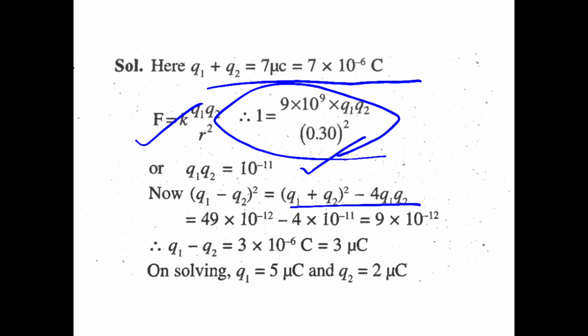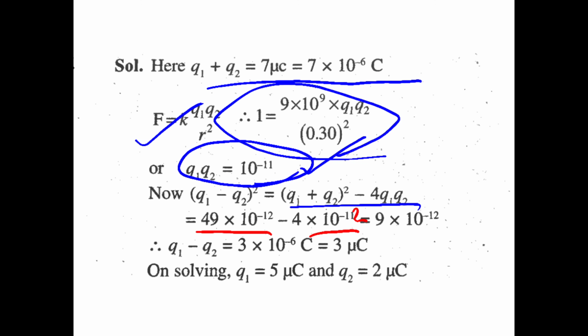Minus 4, given also. So we get Q1 Q2 is equal to 10 to the power minus 11, and Q1 minus Q2 is equal to 3. Is it okay?